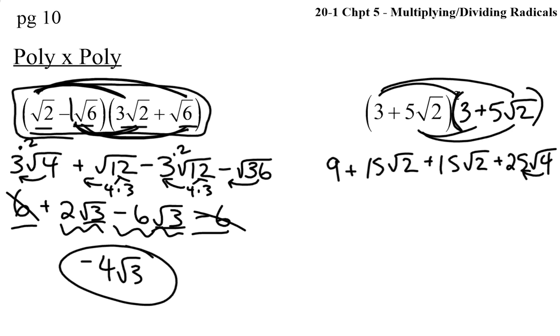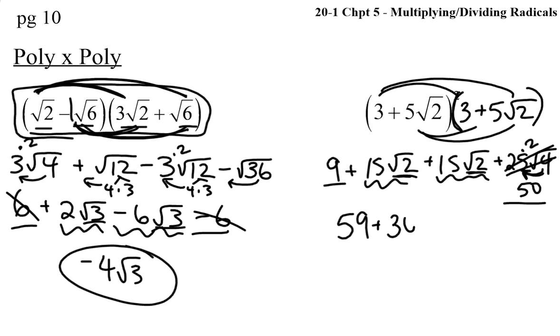It's a perfect square, so that needs to be times 2 because all of the 4 gets rooted out. 25 times 2, that whole thing just becomes a 50. So we're left with 9 plus 50, and then 2 like radicals because they have the same radicand, and that becomes 30 root 2's. There's your simplified form.